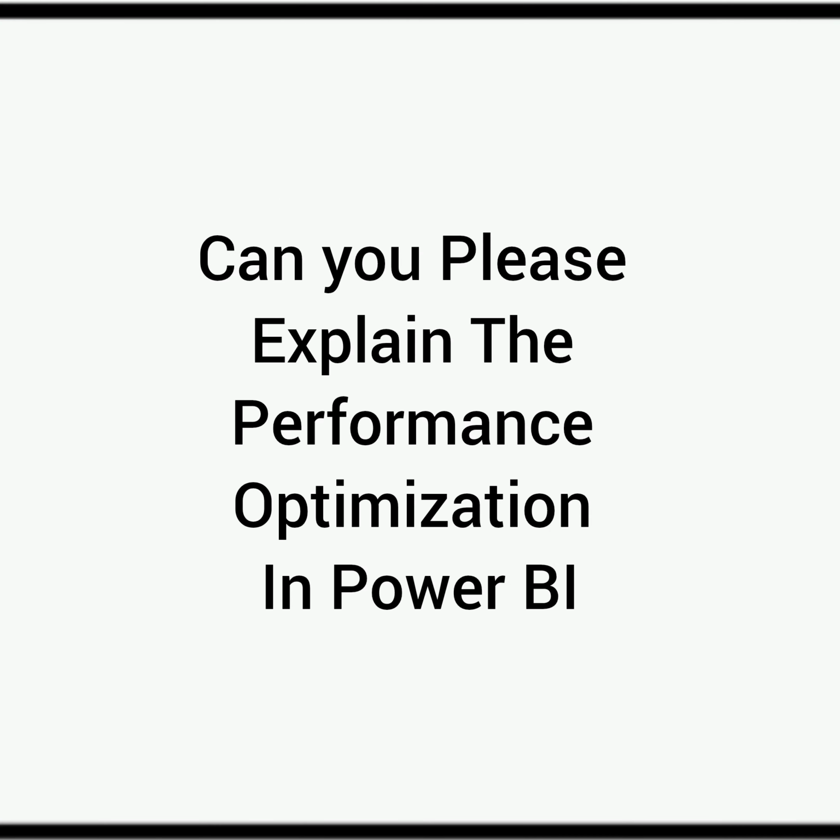Performance optimization in Power BI involves techniques that improve data refresh speed, report load time, and overall report responsiveness. Here are some optimization techniques we have practiced in Power BI. For the data model, we use a star schema instead of a snowflake schema to simplify relationships and improve performance.